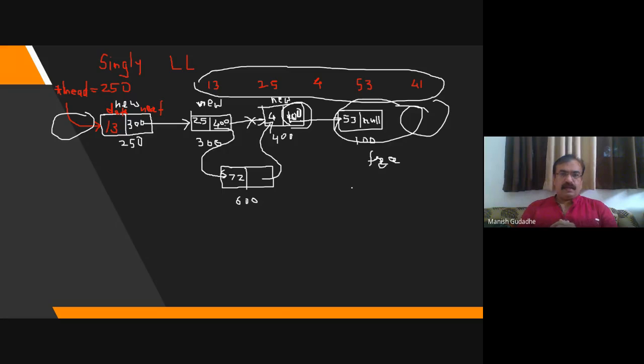And what we are doing, every time we are creating a new node and pasting it at the end of the list. So that is the way we can create a linked list. That's what we are going to see in today's program. So of course, the first thing we'll have to do is define a structure.